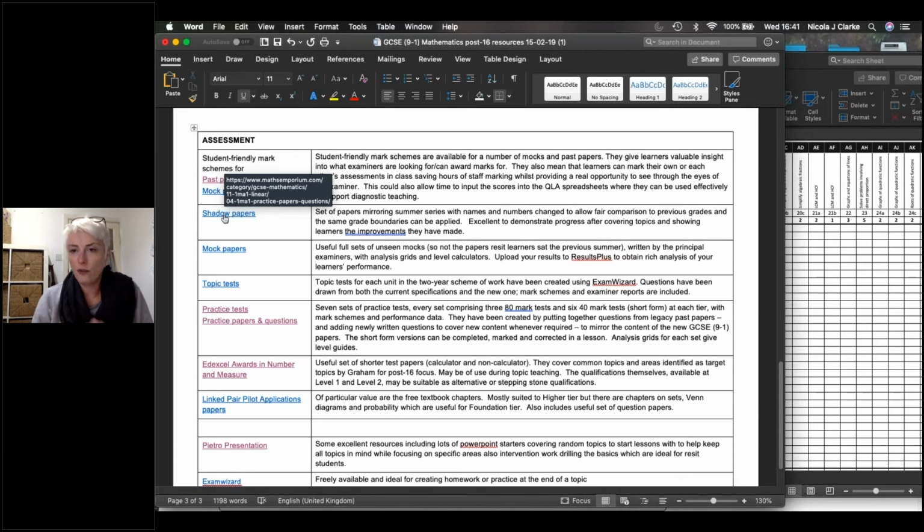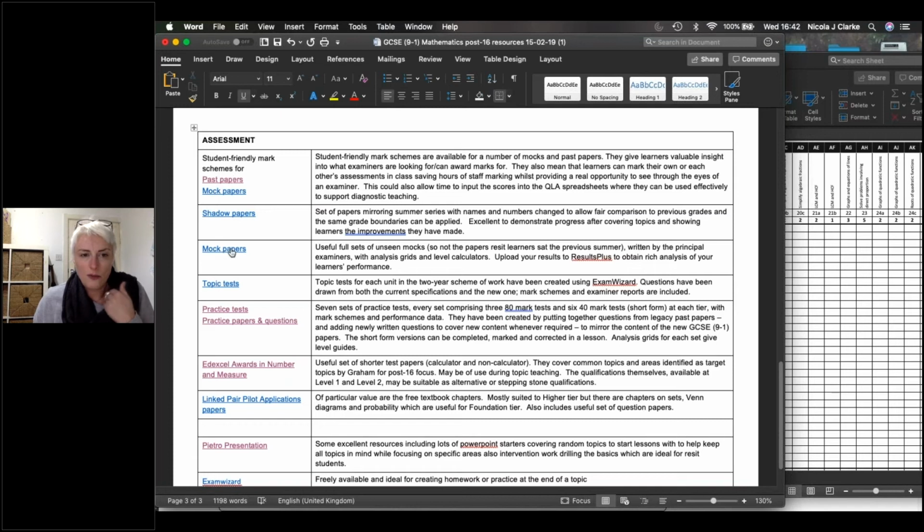The QLA forms are the same for both, which means that there are grade boundaries available on the shadow papers as well, because they're technically the same paper. But as I say, they feel unseen, so they're really, really helpful. So yeah, they're very clear on progress made in terms of showing progression and improvement. So they're super for that.